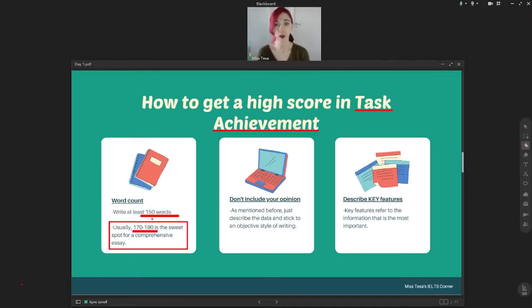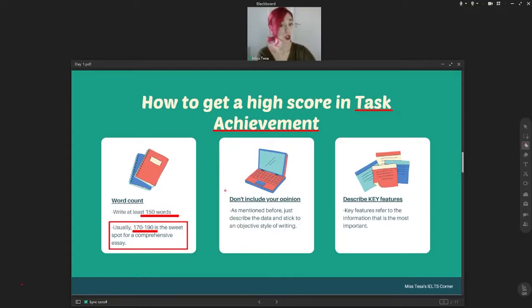You don't want to write too many words because then you're just wasting your time and you can lose coherence. If your sentences are too long and too complicated, it might not be that understandable, you know? So try to stick with 170 to 190. I think that's a great number, just in general.